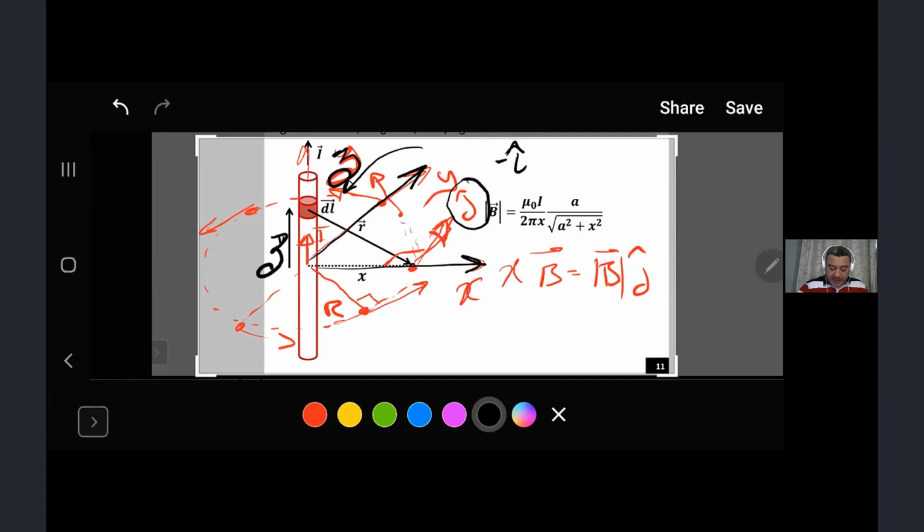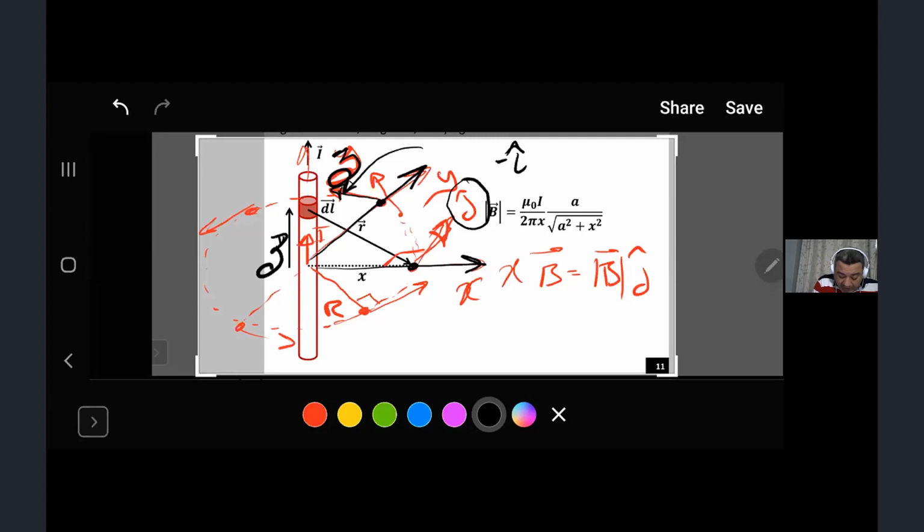In this case, the magnetic field depends on the location. Where is the point of interest? If the point of interest is this one, then based on the current moving up, counterclockwise means the magnetic field is in the positive j. If the point is here on the positive y-axis, this means that the unit vector is minus i.